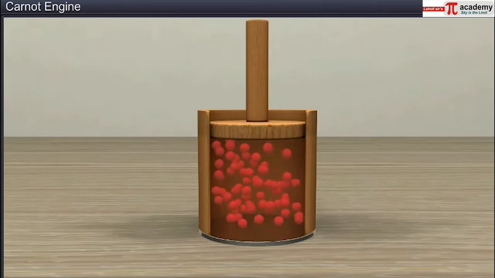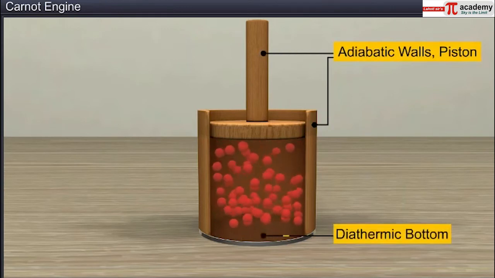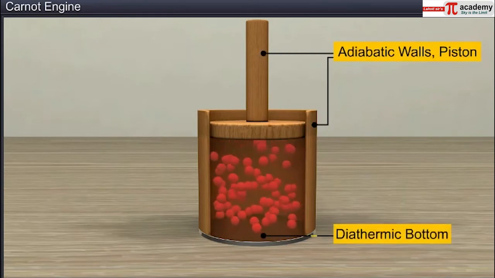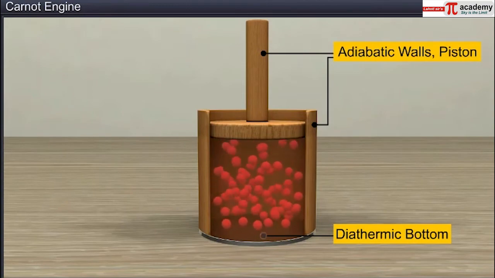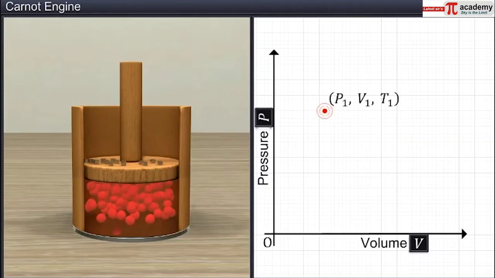Let the walls of the container and the piston be made of thermally insulated material, and the bottom of the container be made of diathermic material. Assume that the initial state of the system is P1, V1, T1 and is identified by point A in the PV diagram. Note that the gas is in a compressed state because of some tiny weights on the piston.